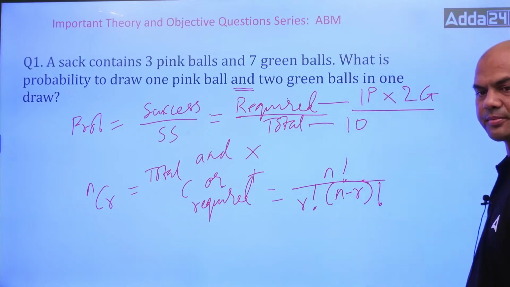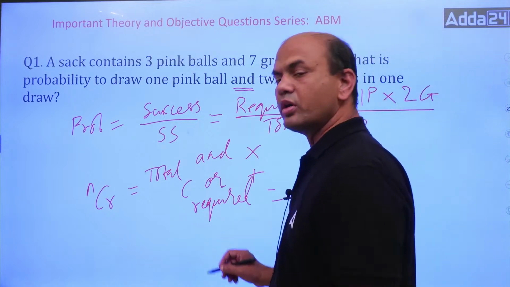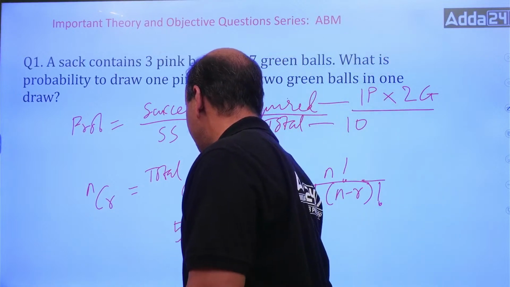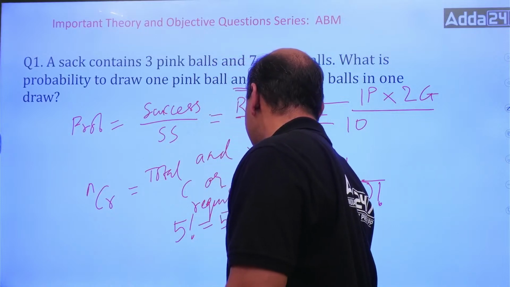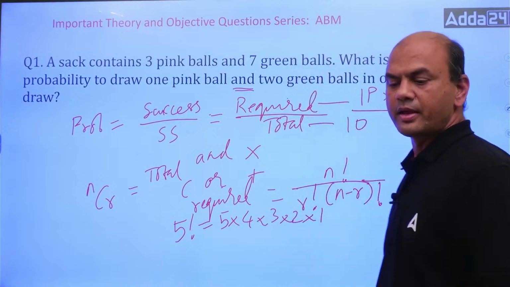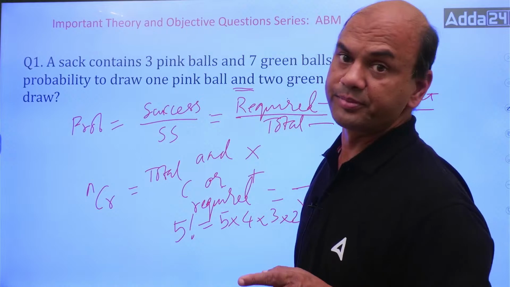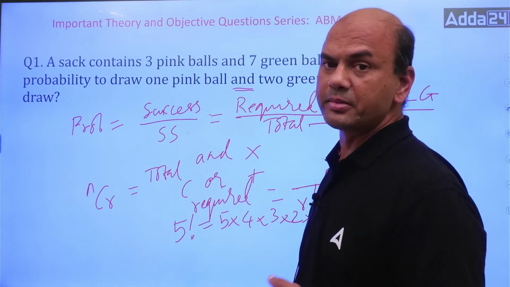NCR. Okay. Now what is factorial? Factorial means go on multiplying. Suppose if I want 5 factorial, it means 5 into 4 into 3 into 2 into 1. This is factorial. Multiplication up to 1, not up to 0. 0 is not used, up to 1 only, because if you multiply by 0 everything will be 0.